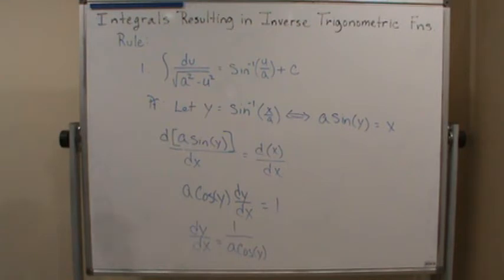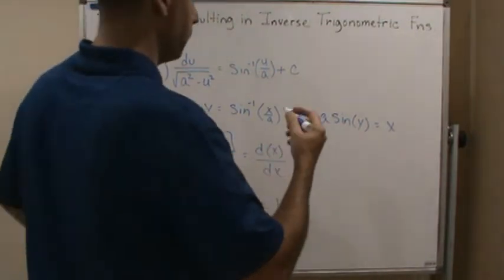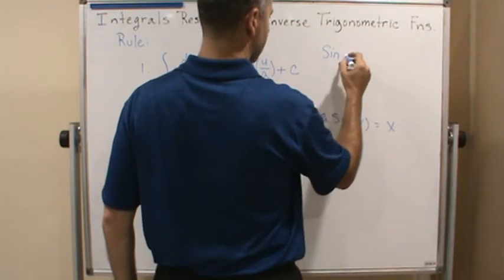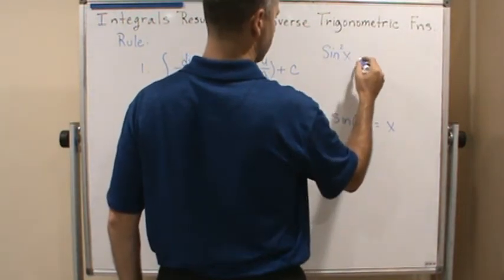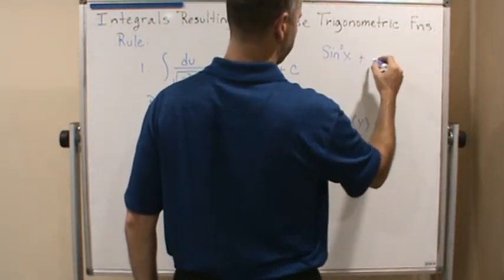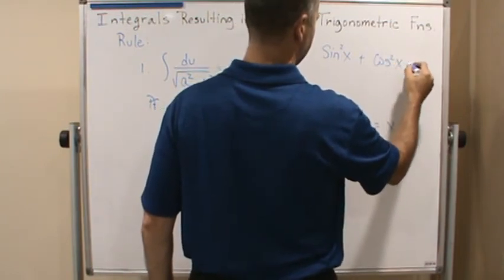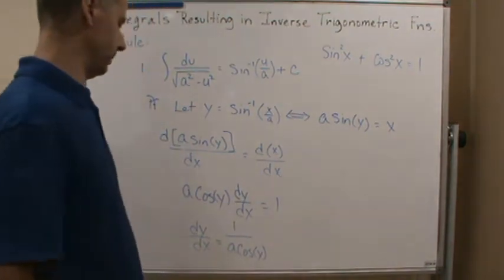One of the identities I'm going to use is the Pythagorean identity, sine squared x plus cosine squared x equals 1.